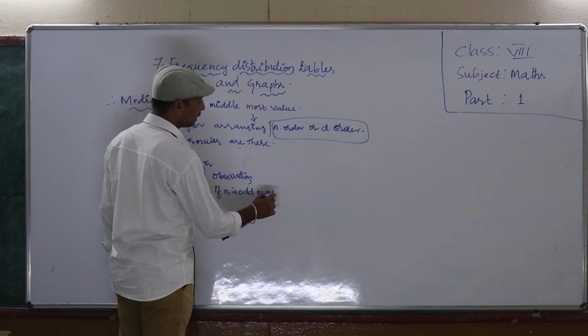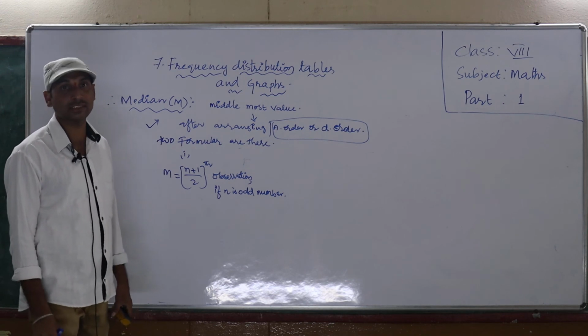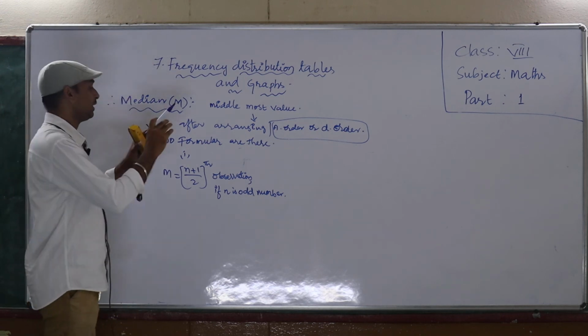Here n is the number of observations, how many observations are given in the question.